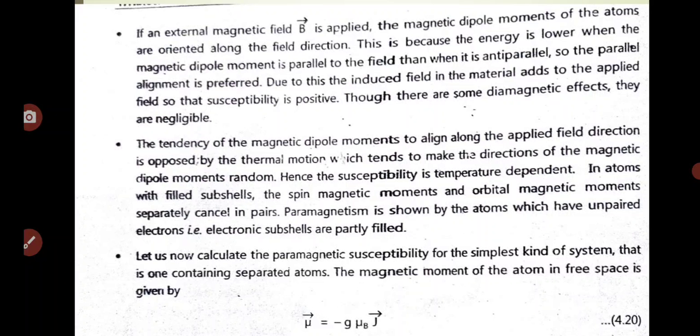Now we see the paramagnetic susceptibility, given by the following formula, for the simplest kind of system, containing separated atoms. The magnetic moment of an atom in free space is denoted by mu bar, and it is given as mu bar equals minus g mu B J bar.